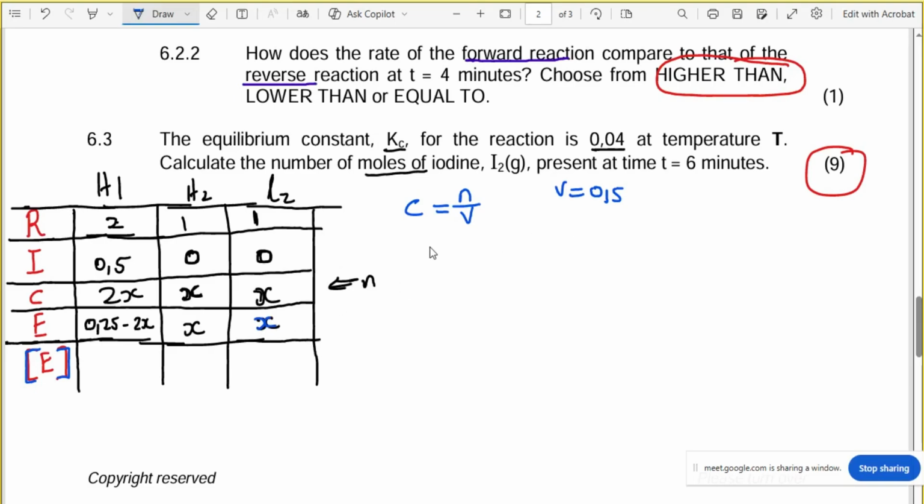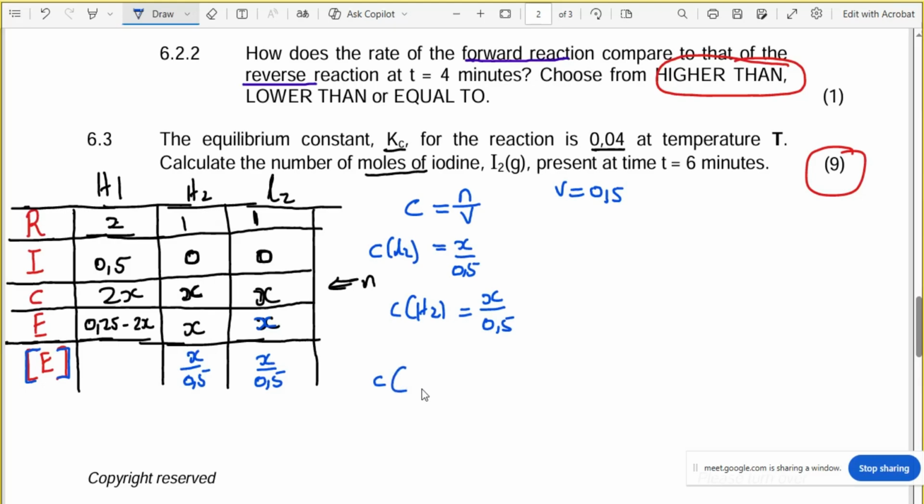At equilibrium, we have x, so the number of moles is x and the volume is 0.5. So this will be x over 0.5. That's the concentration for I2. We also need to find the concentration for H2, which will be the number of moles, x, over 0.5. So this will be x over 0.5.